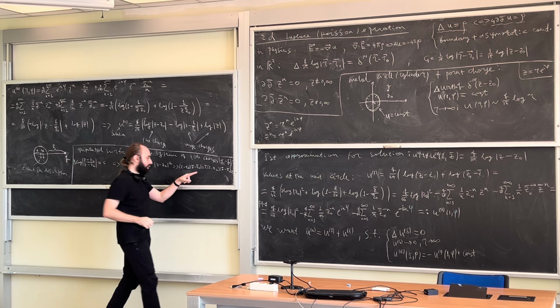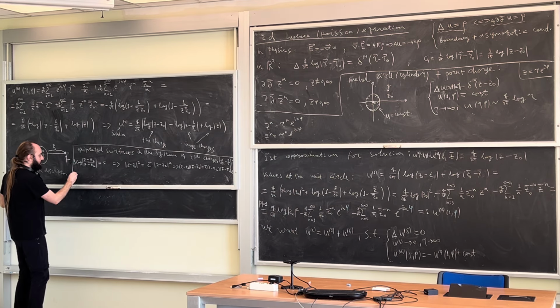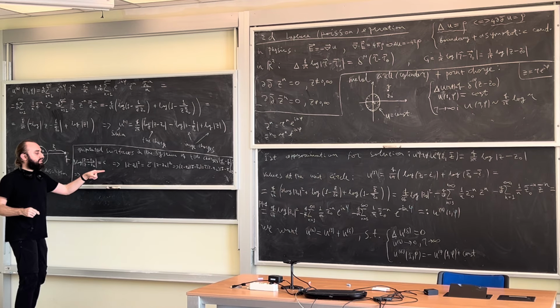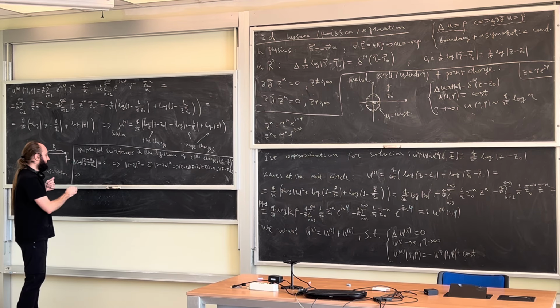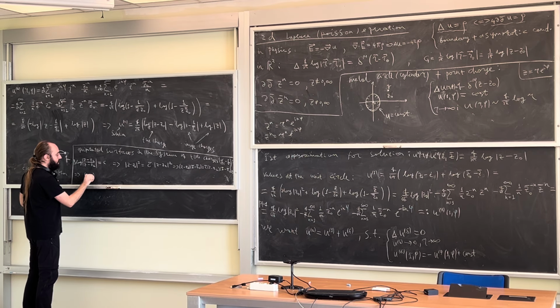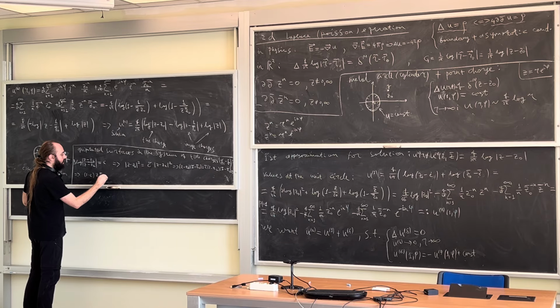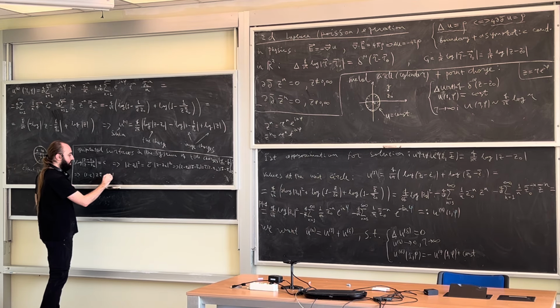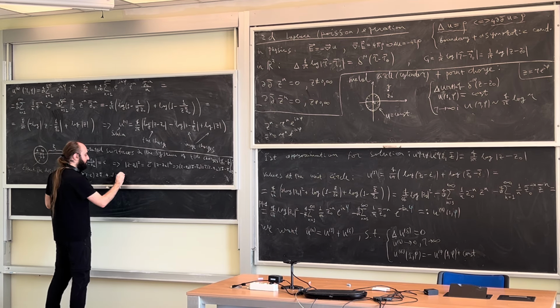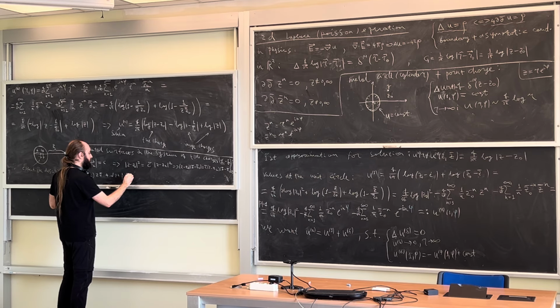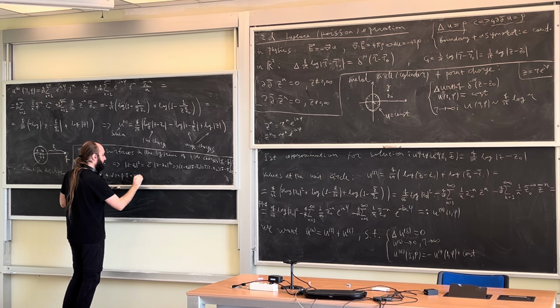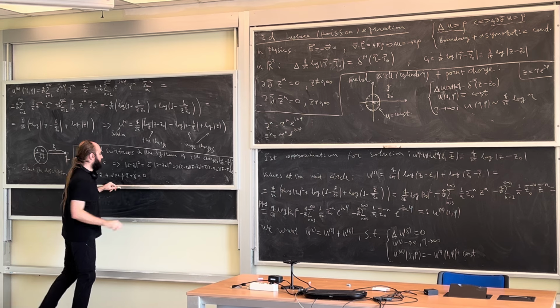If we open brackets in this expression, we see that this equation transforms into 1 minus c times z z bar plus some coefficient times z plus some coefficient times z bar plus some constant term equals 0.